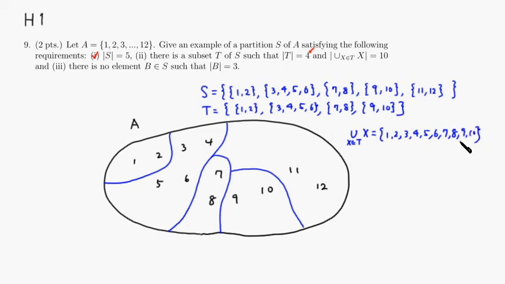You can see that the cardinality of this is obviously 10, so it satisfies that. And then there is no element B that has 3 elements. You can see that there's 2, 4, 2, 2, 2, so it satisfies that condition as well. So this would be part one of the example that satisfies all 3 conditions. That's it. I hope that this was helpful.